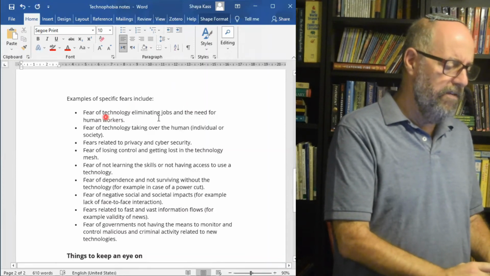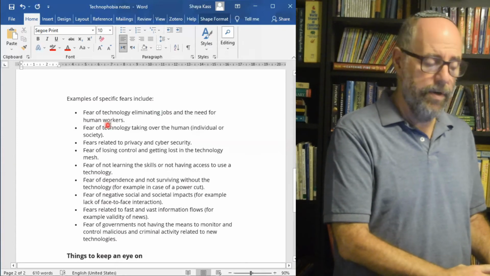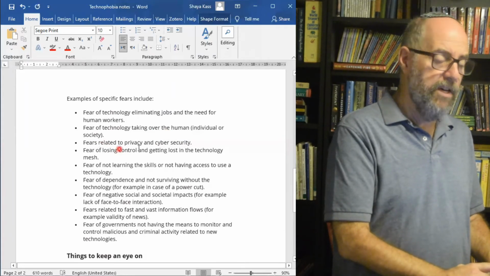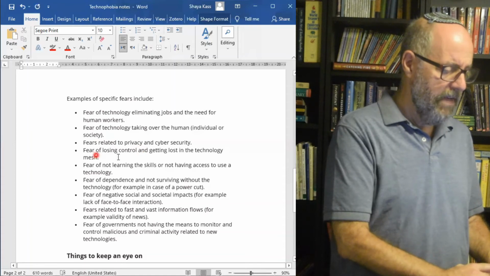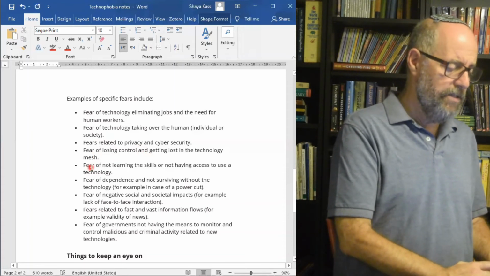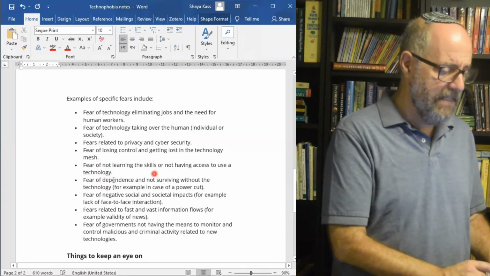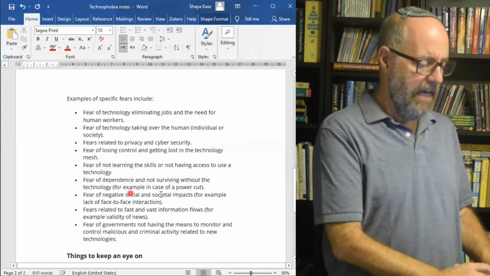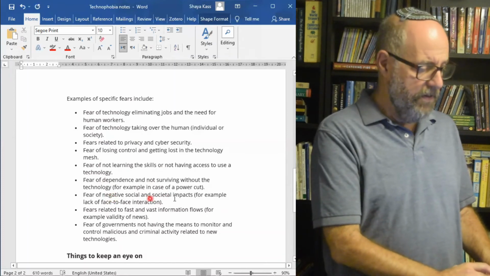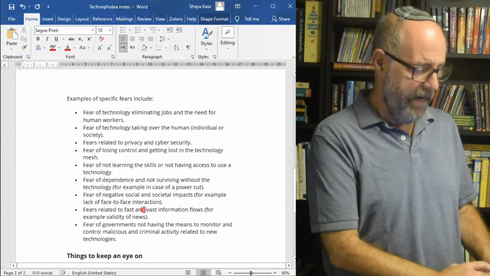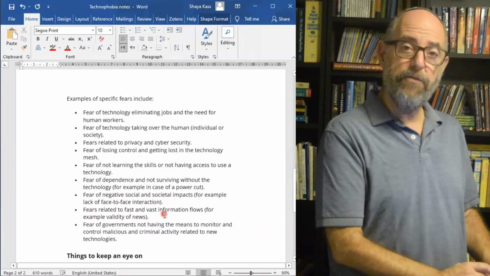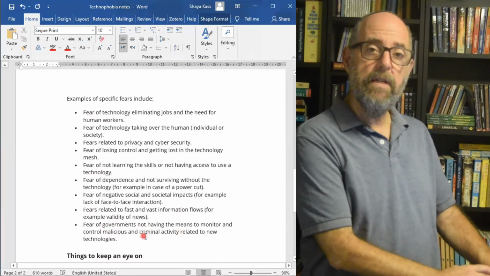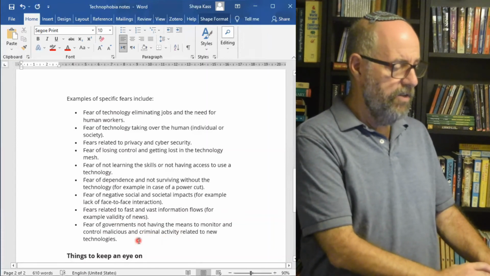Examples of fears include fear of technology eliminating jobs and the need for human workers, fear of technology taking over human, individual, or society, fears related to privacy and cybersecurity, fears of losing control and getting lost in the technology mesh, fears of not learning the skills, not having the access to use the technology, fear of dependence and not surviving without the technology, for example, in case of a power cut, fear of negative social and societal impacts, for example, lack of face-to-face interaction, fears related to fast and vast information flows, for example, validity of news, fears of government not having the means to monitor and control malicious and criminal activity related to the new technologies.